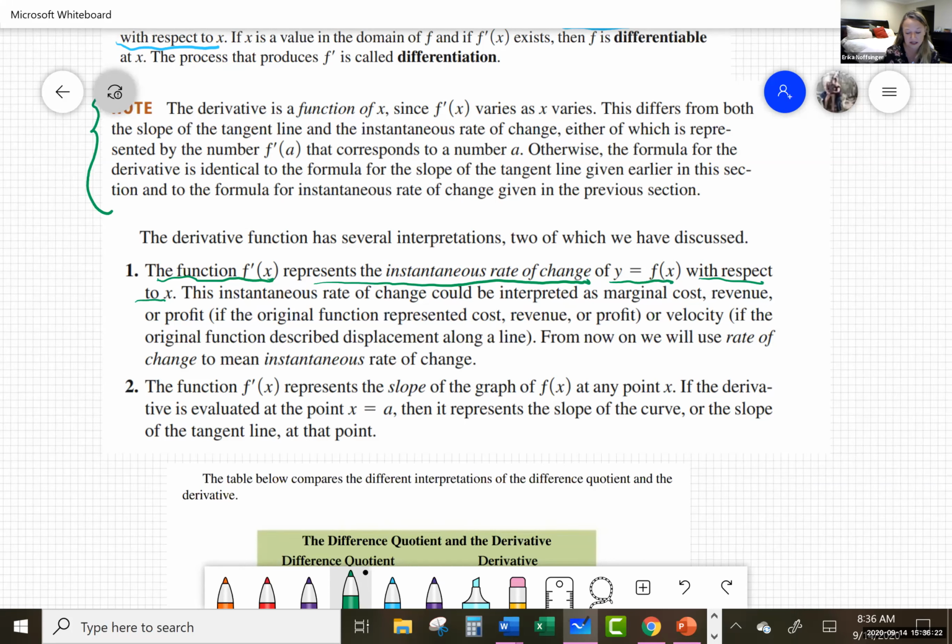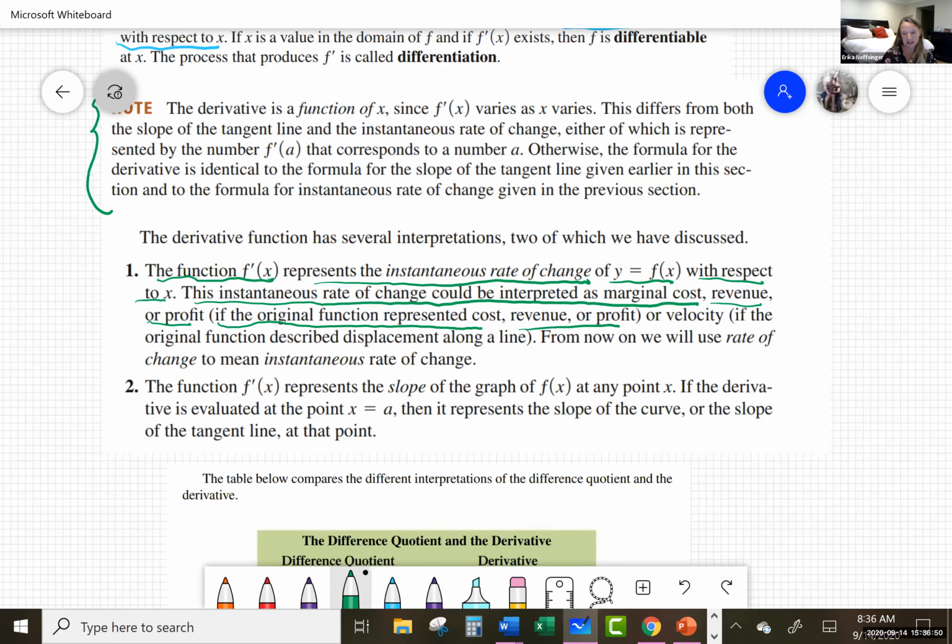So talking about business, this instantaneous rate of change could be interpreted as marginal cost, marginal revenue, or marginal profit, if the original function represented cost, revenue, or profit. Okay, so if we have a profit function and we take the derivative of that, then that's talking about the marginal profit, the rate of change of that function.